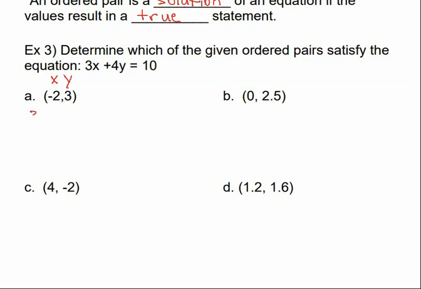All right, so 3, we're plugging in -2 for x plus 4 times 3 for y. And then we want to simplify this and see if it's a true statement. 3 times -2, that would be -6. 4 times 3 is 12. -6 plus 12 would be 6, and 6 does not equal 10. So this is not a solution.